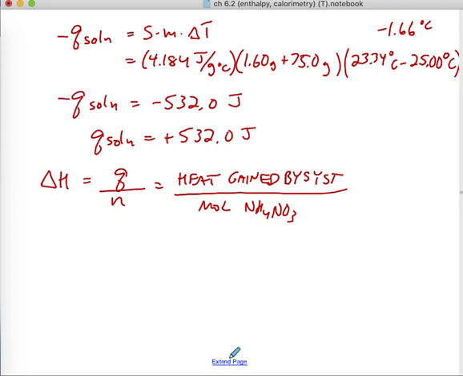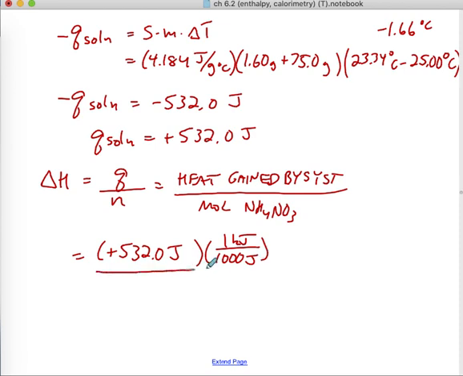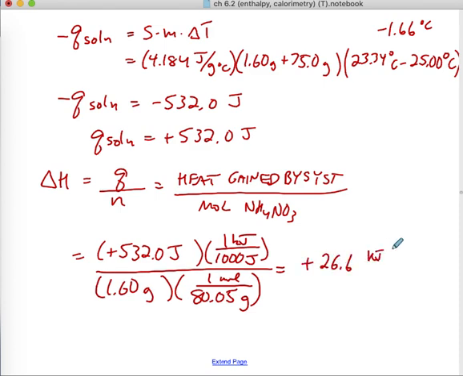So to solve that, I will simply do my plus 532.0 joules times 1 kilojoule per 1,000 joules. In the denominator, I have moles of ammonium nitrate, so I'll take the 1.60 grams that I started with and divide that by the molar mass, 1 mole over 80.05 grams. I did the calculation separately to give me a value of plus 26.6 kilojoules per mole as the enthalpy of dissolution of ammonium nitrate.